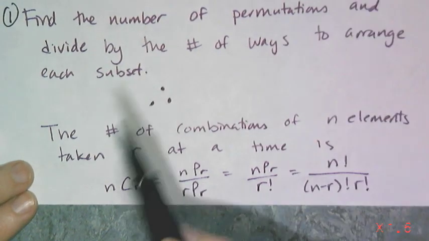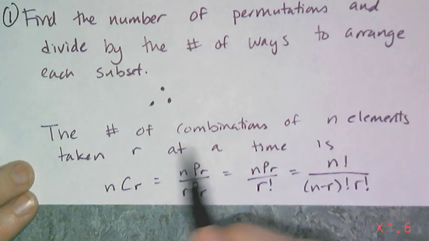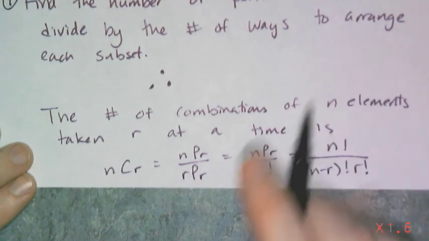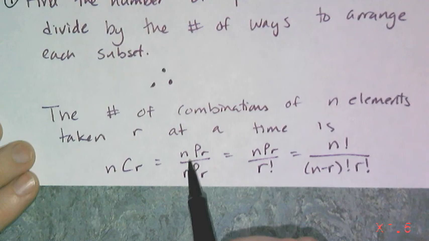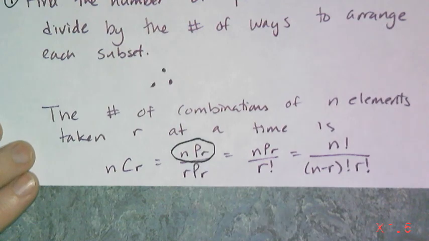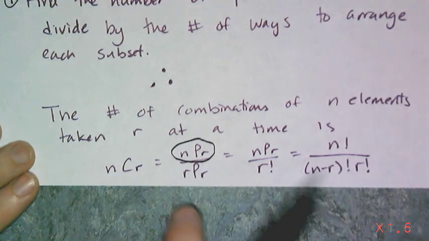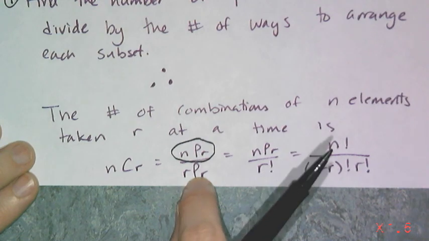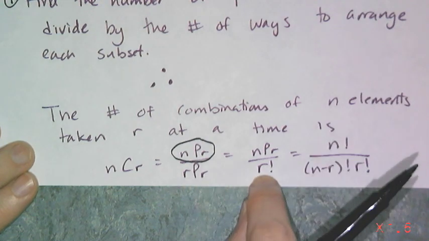Therefore, the number of combinations of n elements taken r at a time is written as nCr, which is the number of permutations of n elements divided by the ways there are to arrange those r elements, which is just r factorial.